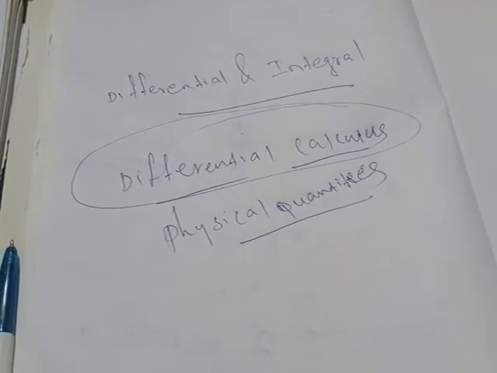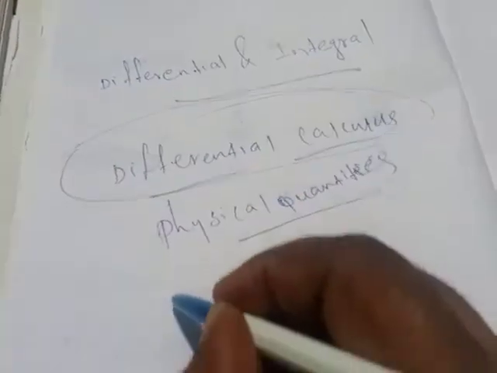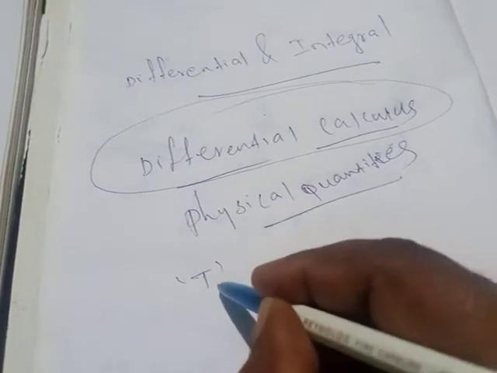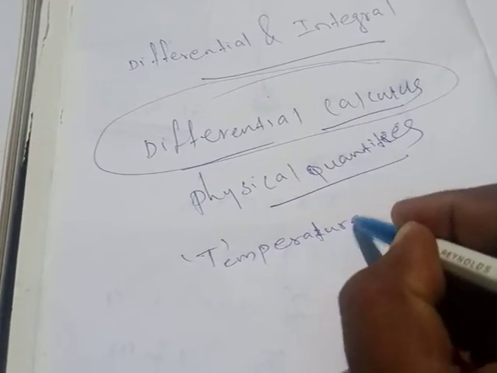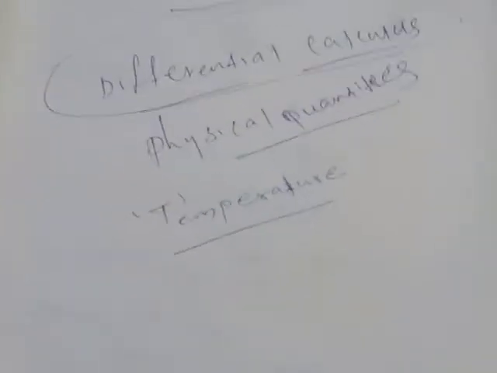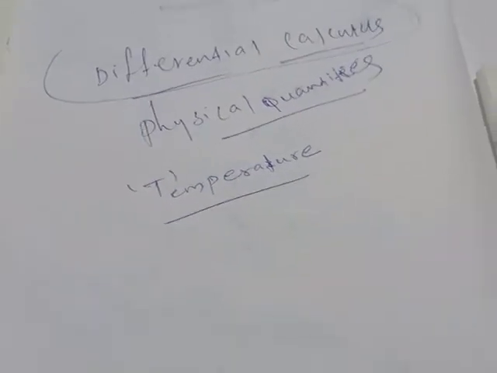Assume we take the quantity temperature. We know that temperature is not always constant.